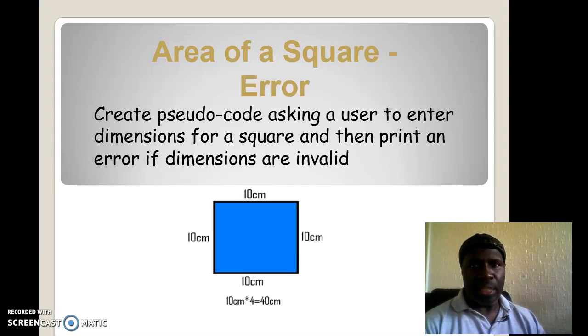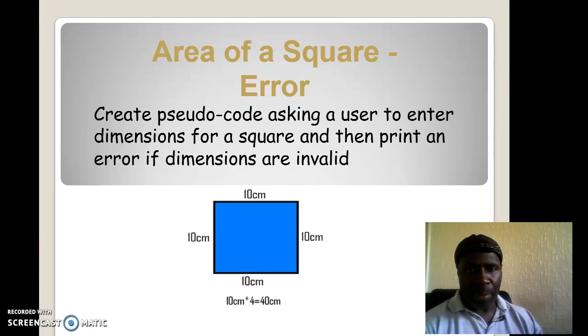The next exercise is finding out the area of a square with an error message. We're looking at creating pseudocode for the dimensions of a square, and then we're printing an error message if the dimensions are invalid. So yet again, have a go at that. An obvious incorrect dimension would be if we had a length of -3.